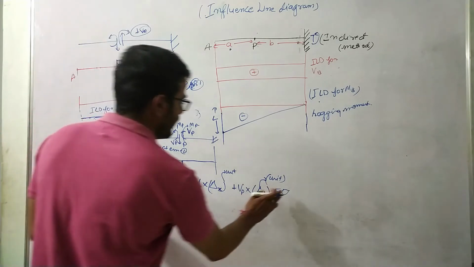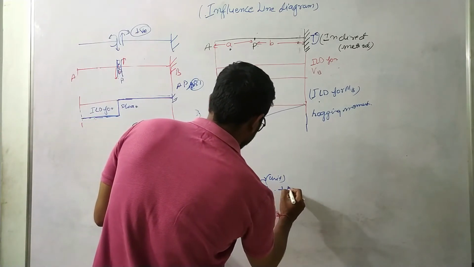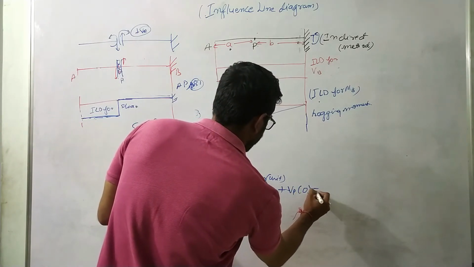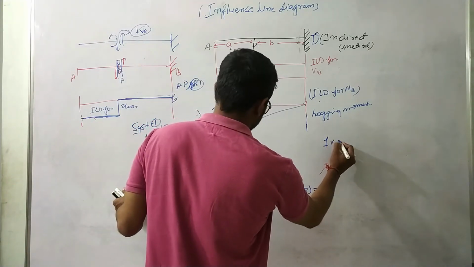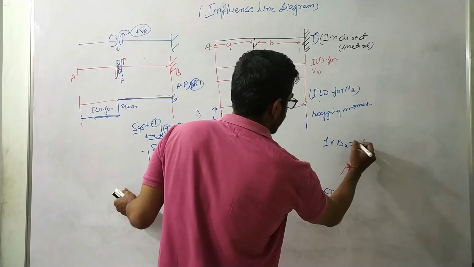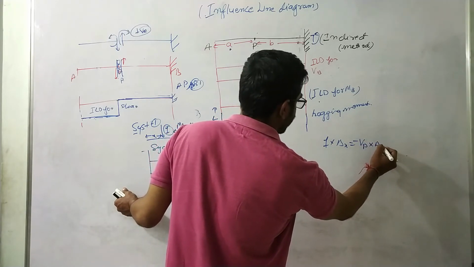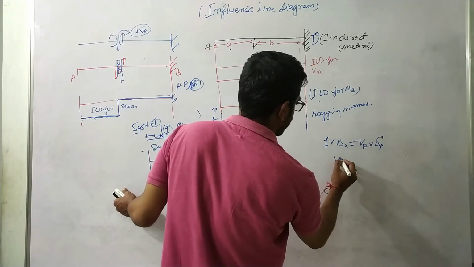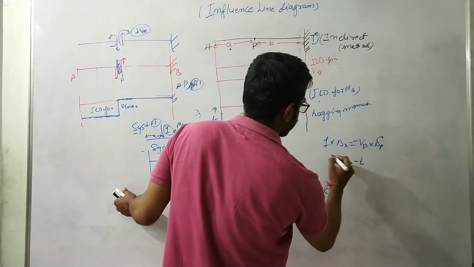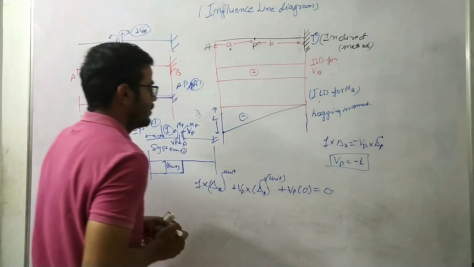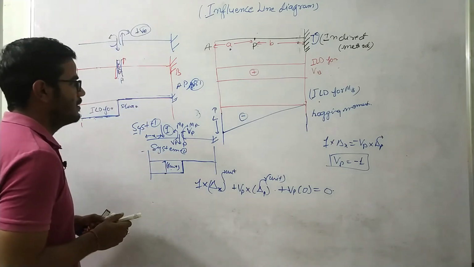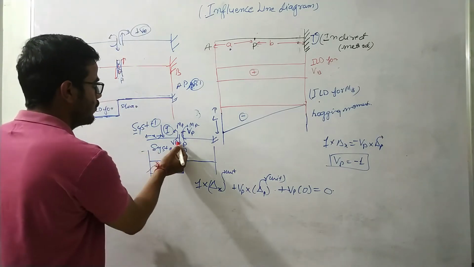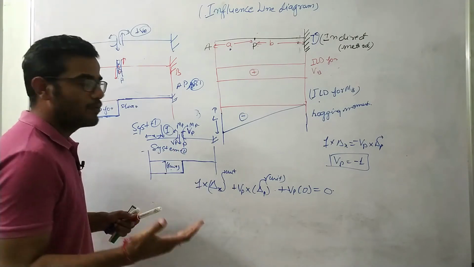So you can write over here 1 into delta x equals minus VP into delta P, and these are unity. So VP is nothing but minus 1. This means that the direction which we have assumed for the shear force VP, it is acting opposite to that direction.